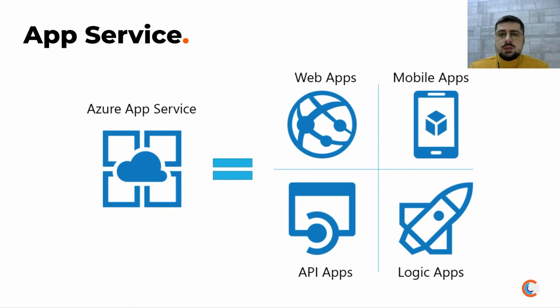Azure App Service is fully managed platform as a service hosting. You can run and host both Windows and Linux-based web applications, mobile backends, API applications, Docker containers, Logic Apps, and even Azure Functions.